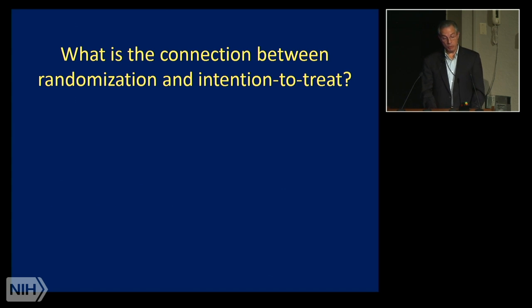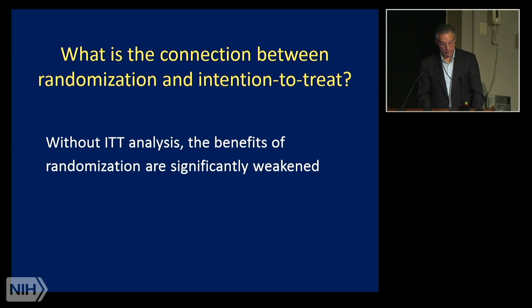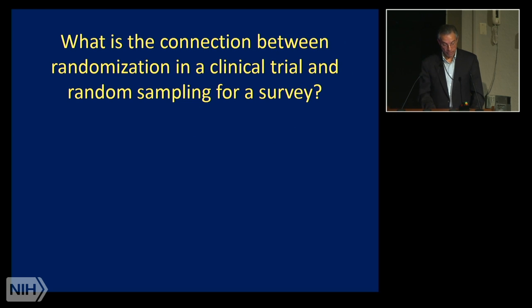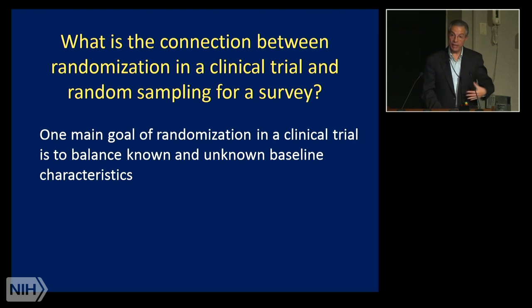What is the connection between randomization and intention to treat? We talked about this. Without ITT analysis, the benefits of randomization are significantly weakened. What is the connection between randomization in a clinical trial and random sampling from a survey? Well, one main goal of randomization in a clinical trial is to balance known and unknown baseline characteristics.